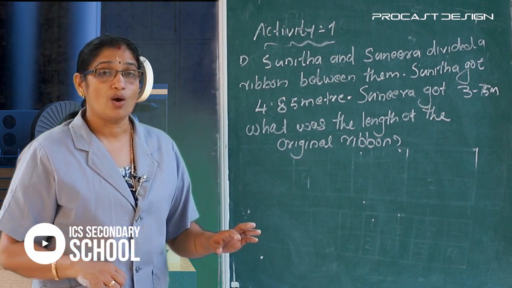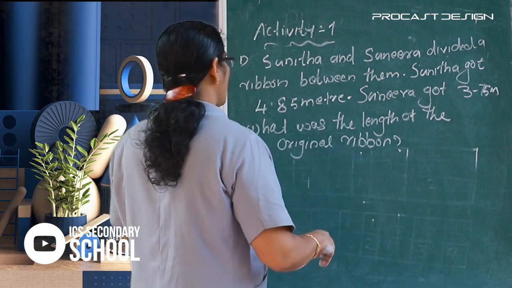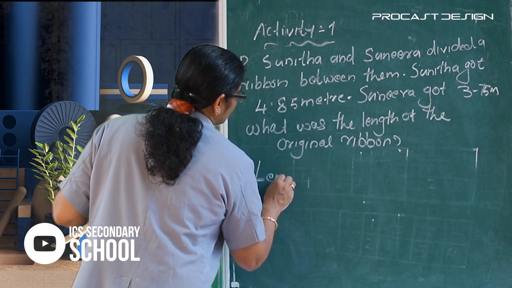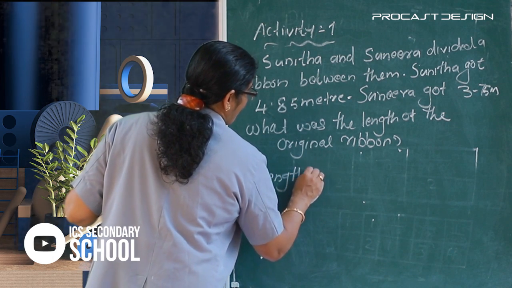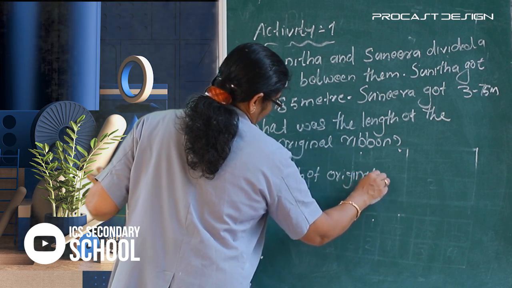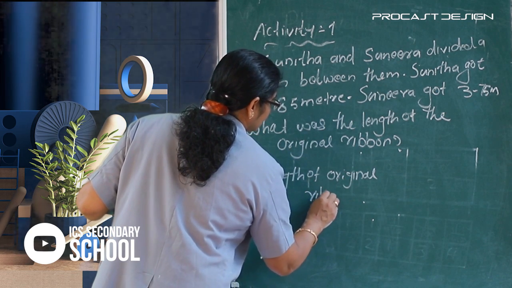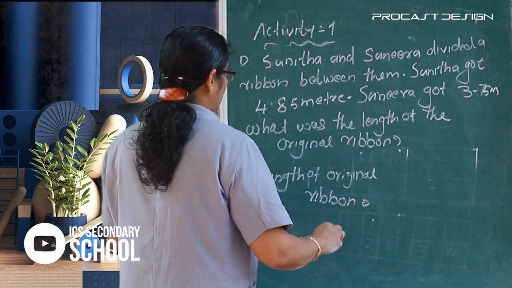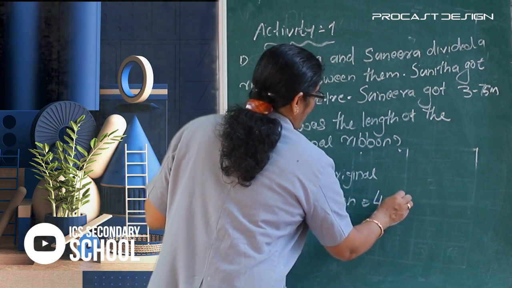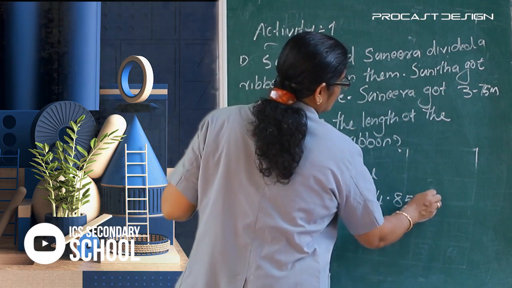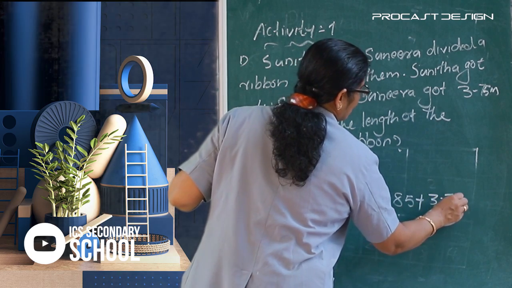The length of the original ribbon is 4.85 plus Sunira got 3.75.